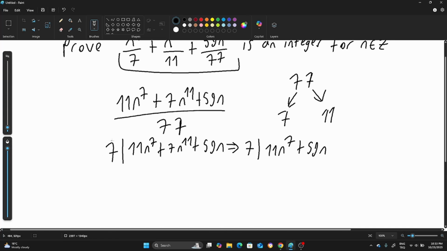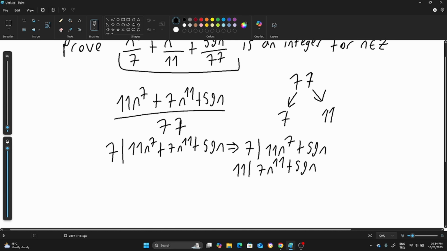So 7 will always divide 7n^11, so we exclude it from here. Similarly, we can do the same for the 11 case, where we get 11 divides 7n^11 + 59n, right?